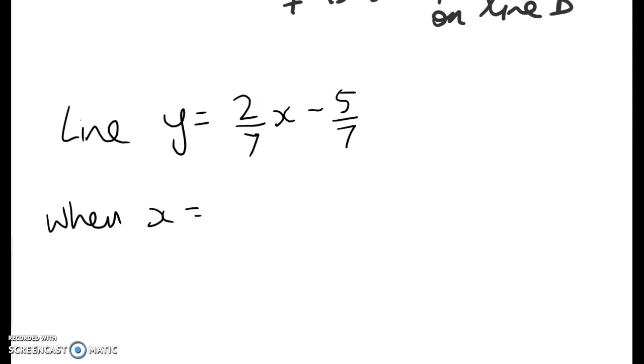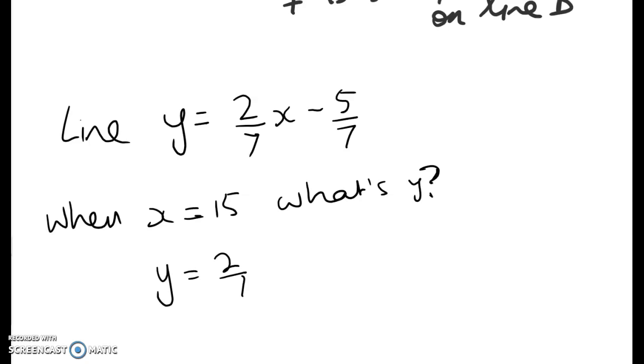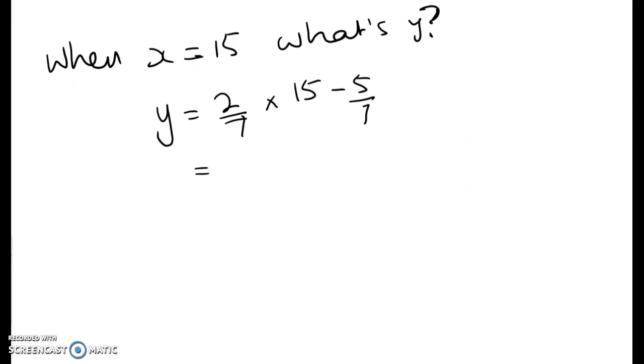So when x is 15, what's y? y is equal to 2/7 times 15 minus 5/7. So y equals 30/7 minus 5/7, and that's 25/7.